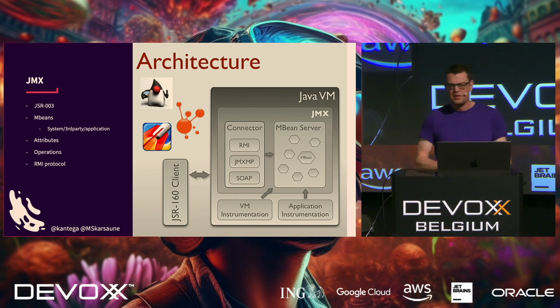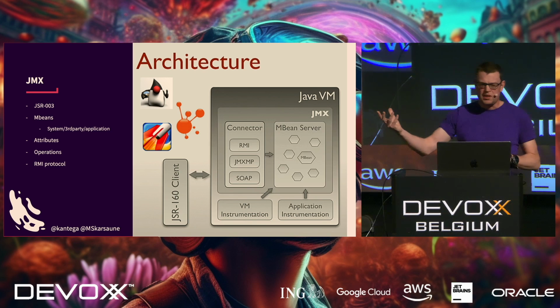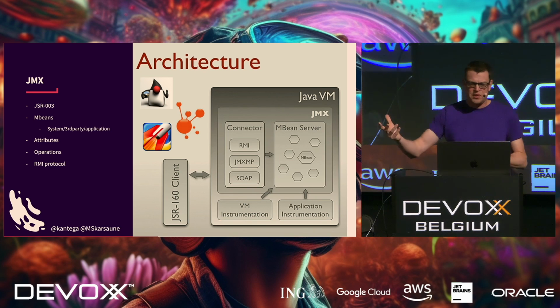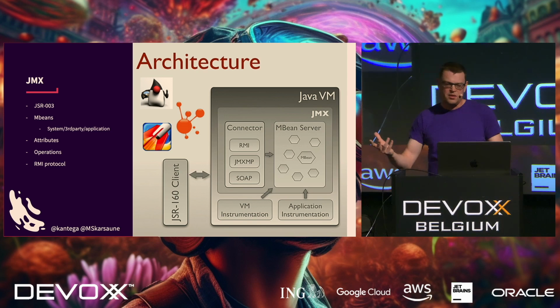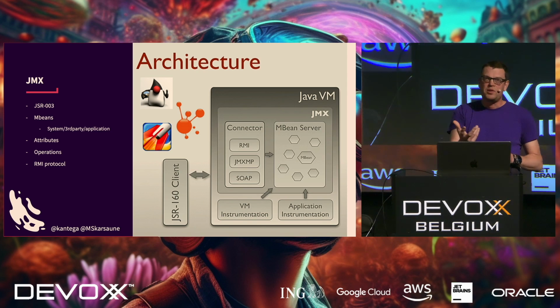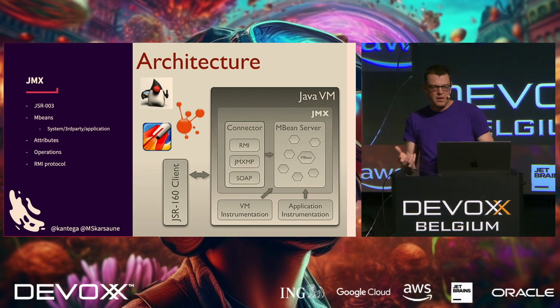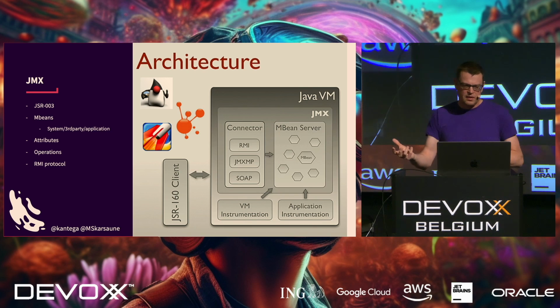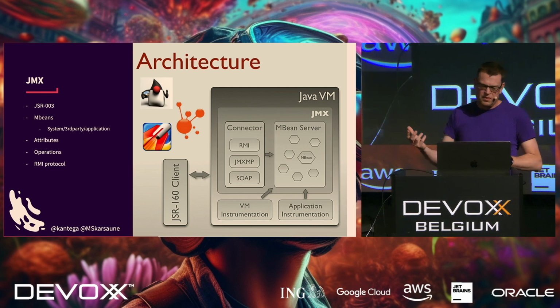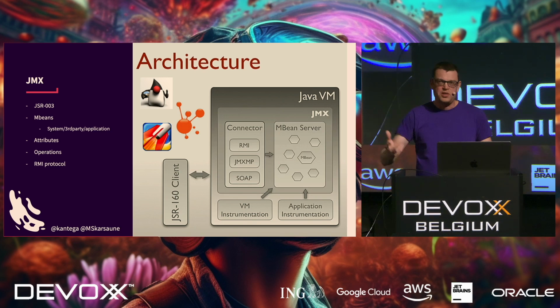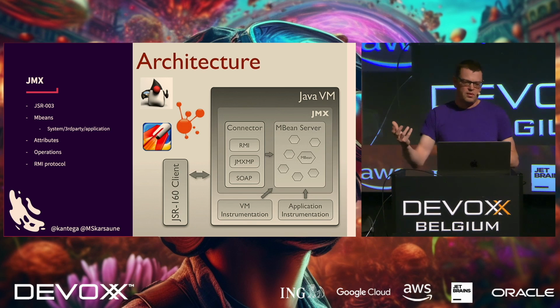You have these MBeans that you can think of like objects, and they have attributes and operations. MBeans are either Java language system core things. It can be third-party things, and you can even expose operational attributes of your own application via MBeans. And we will get back to the RMI protocol.